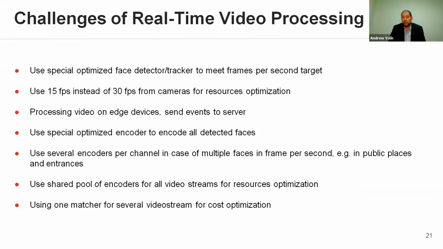About real-time video processing. The main points: it uses a special optimized face detector and tracking to meet the frames per second target. Our tracker can use 15 FPS instead of 30 FPS from cameras for resource optimization. You can process video streams on the edge device and send events to the server, or receive real-time events locally, fast, with low latency, without latency at all.